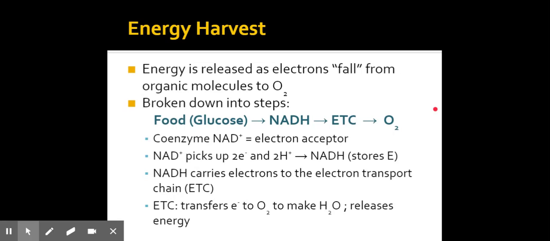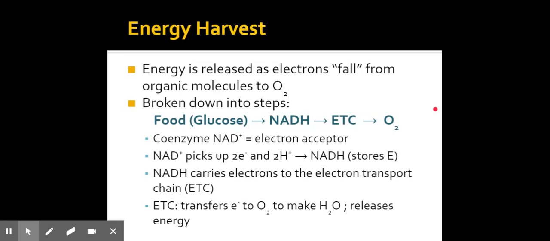for cell respiration? The process is really going to focus on that energy harvest and how electrons move and fall from the breakdown of organic molecules to oxygen. So there's a stepwise process that's going to occur here for the energy harvesting in cell respiration.